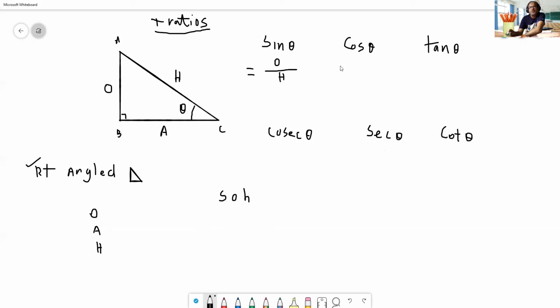Then again, coming to cos theta, this another T ratio is adjacent to hypotenuse. So you can remember this by C for cos, adjacent to hypotenuse.